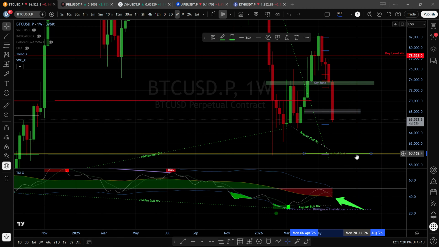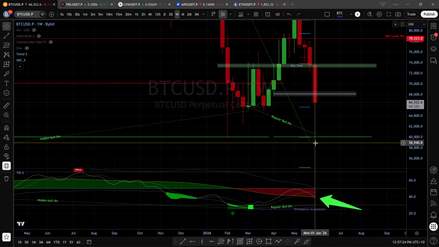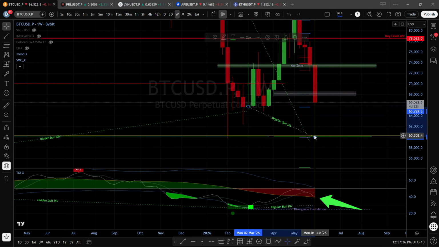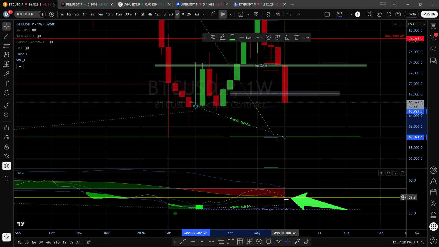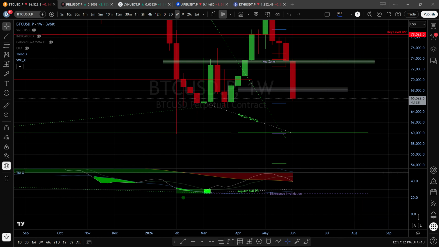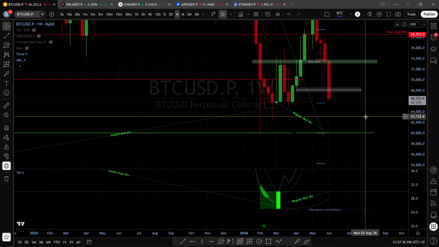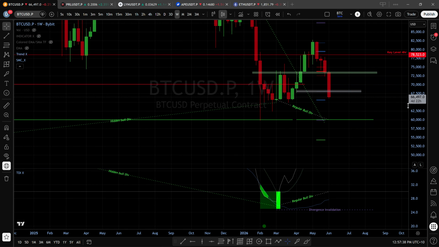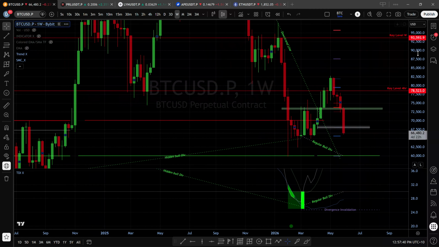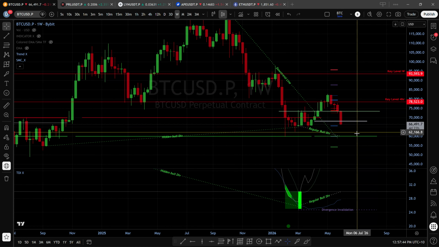Looks like a monthly support 2 level there. Look at all the confluence. Even if price came way down here, you've got a really good chance it's going to bounce. And I admit I was wrong to just say the bear market was over immediately, because it looks like it's going to put in just a little bit of a lower low.